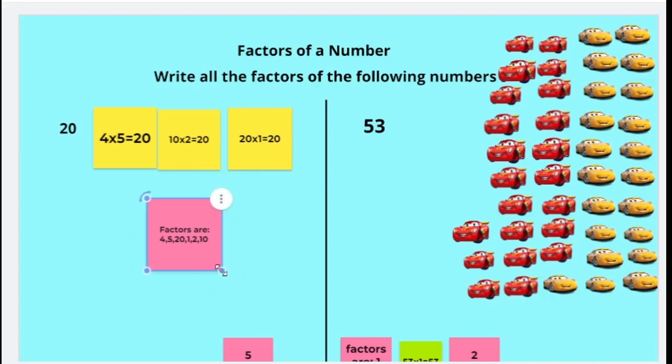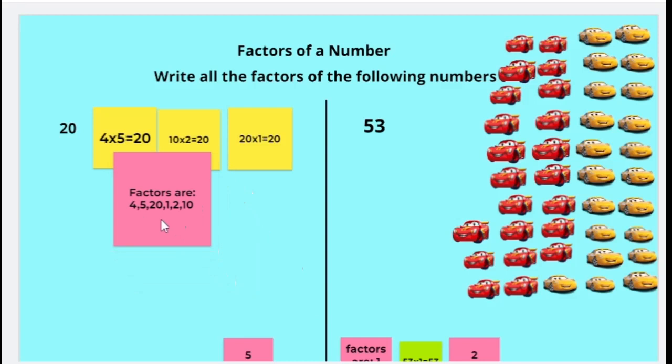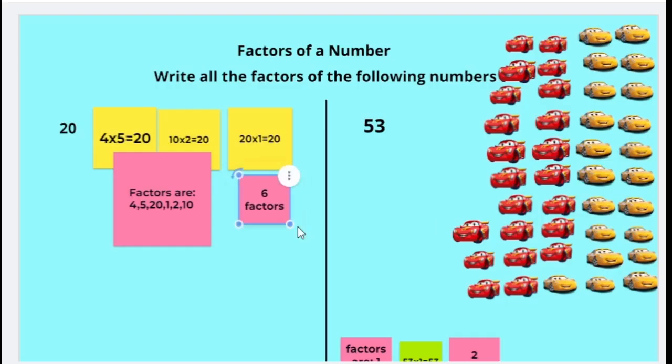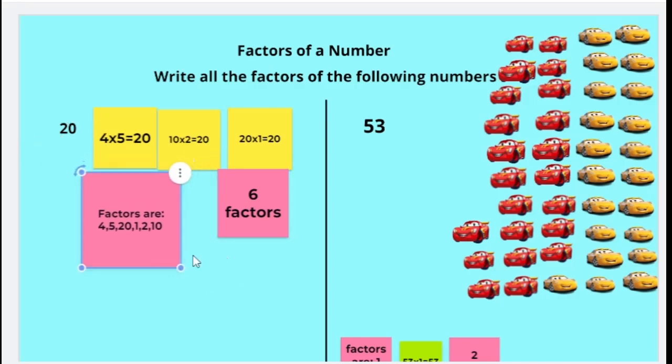So how many factors does 20 have? 1, 2, 3, 4, 5, 6. 6 factors. So 20 is also a composite number. Very good, students. I hope you are learning.